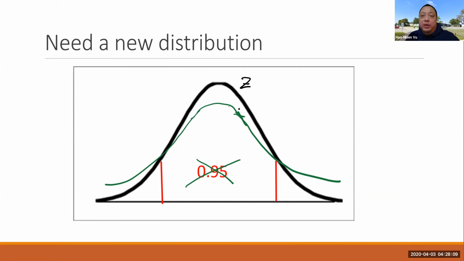This new distribution is called the T distribution. The T distribution is like the Z distribution with a mean of 0, except it's shorter in the middle and thicker at the tails. And it reflects that we have more error introduced into the calculations by substituting S for sigma.